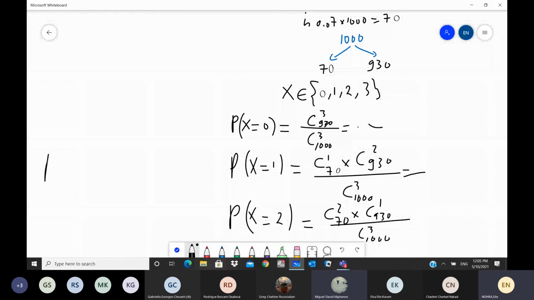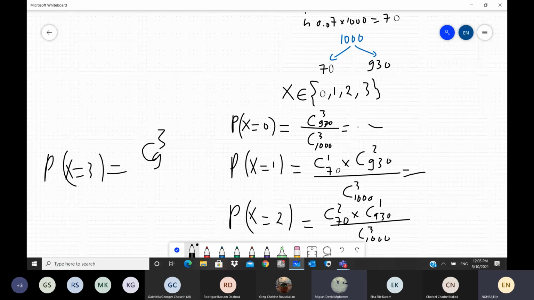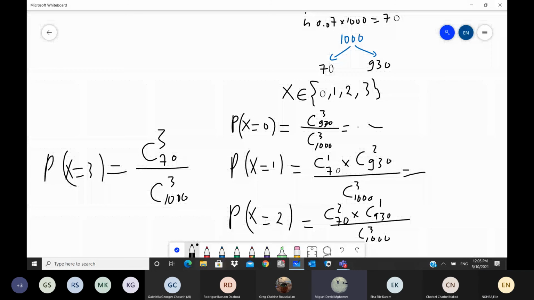The last one, P of X equals 3, is C3 70 over C3 1,000. Or, professor, we have another way: 1 minus the sum of all the others. But we don't have the sum of all the others. Yes, also 100%.